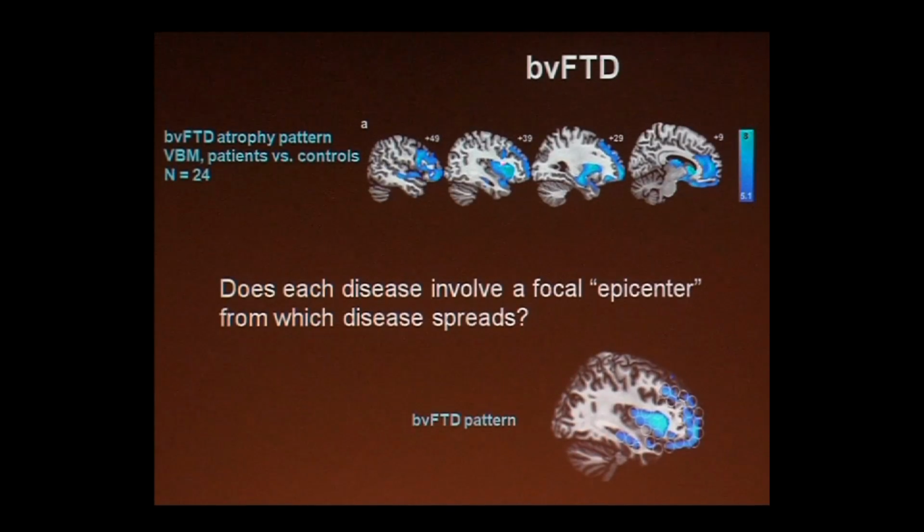So what we were wondering after this study I described to you earlier was, well, we chose this right frontoinsular cortex region as our epicenter because it was the most atrophied. But what we really want to know is which region within this whole blue map is the region at the center of the bvFTD flight map, or network, if you will.